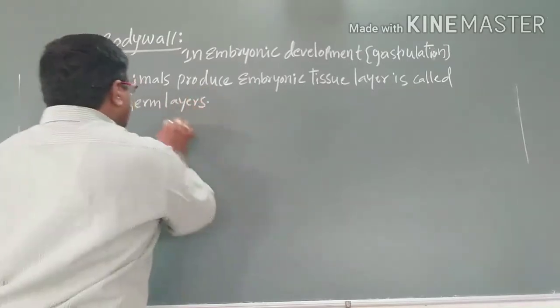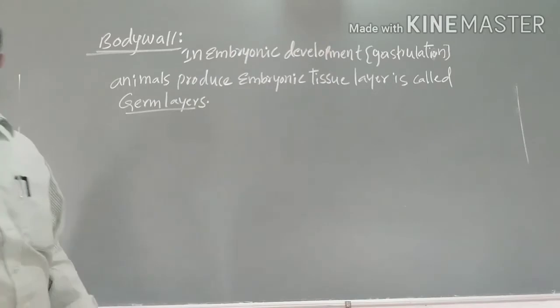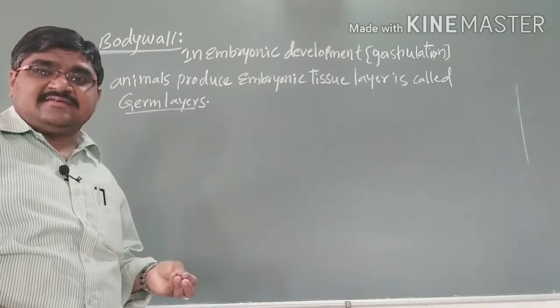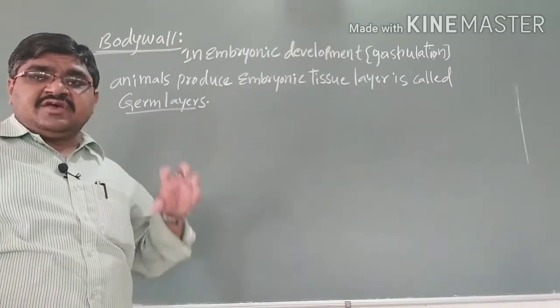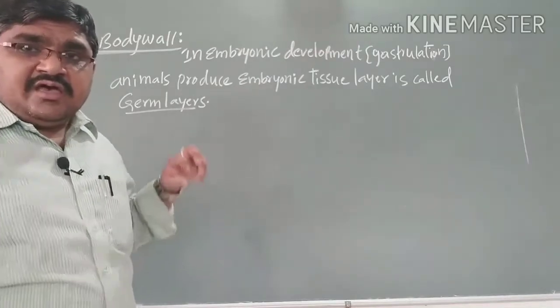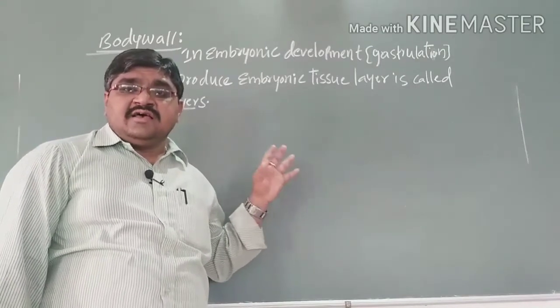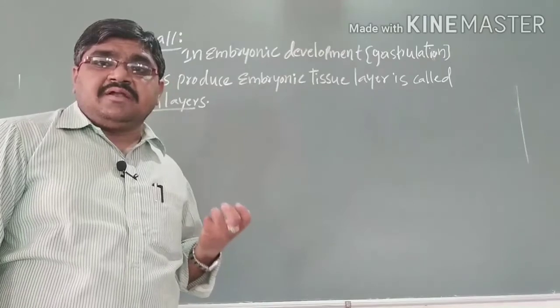So what do these germ layers mean? In embryonic stages, when zygote formation takes place, when the fusion of a male and female gamete takes place, it forms a diploid zygote. As we have already studied, the diploid zygote undergoes several changes. Cleavage takes place, which means repeated mitotic divisions.